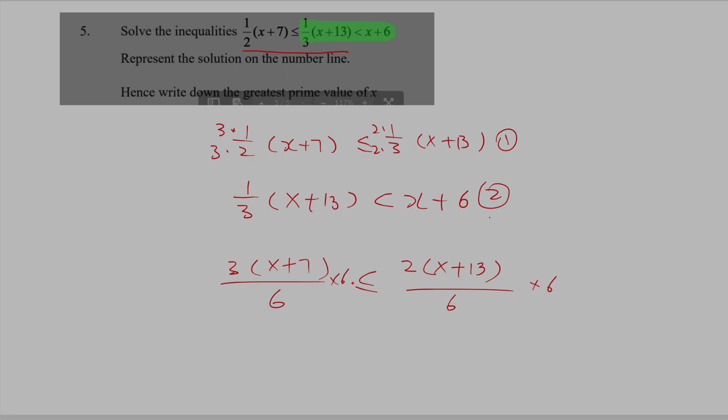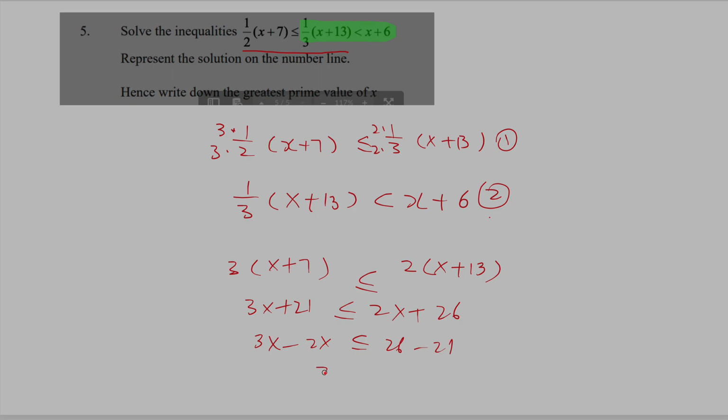Since you times a positive number, there's no need to switch the sign. That's how you get rid of the 6. Then you open the bracket, move over. So this is one answer.